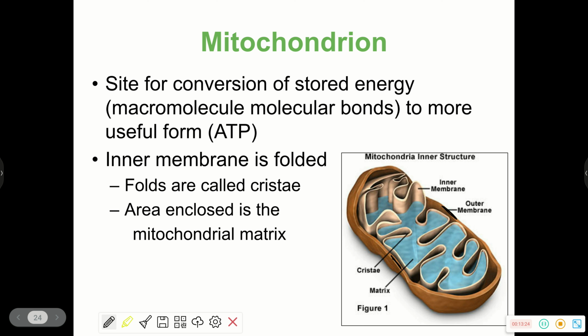The outer membrane has to do with the mitochondria. The inner membrane has to do more with the cristae. It's inside. So the outer membrane is the mitochondria, the inner membrane is the cristae inside, and it's in the mitochondrial matrix. That's what the cristae actually kind of encloses around itself.